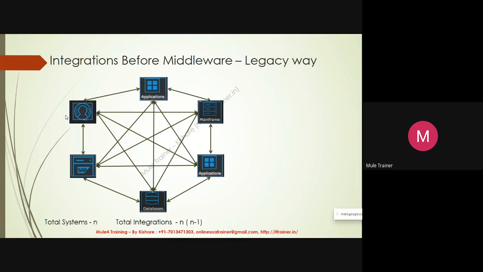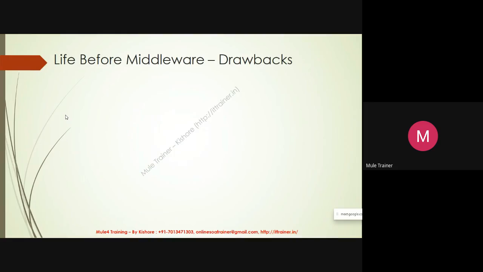So this is not the ideal way to do integration. At some point your systems will be messed up with the integrations and you will lose track of them. So what is the best way to integrate things? How did the industry solve this problem? The industry solved this problem, as we will see in the next slide.